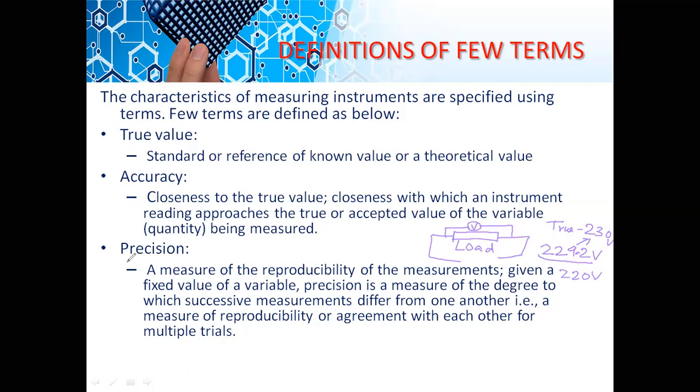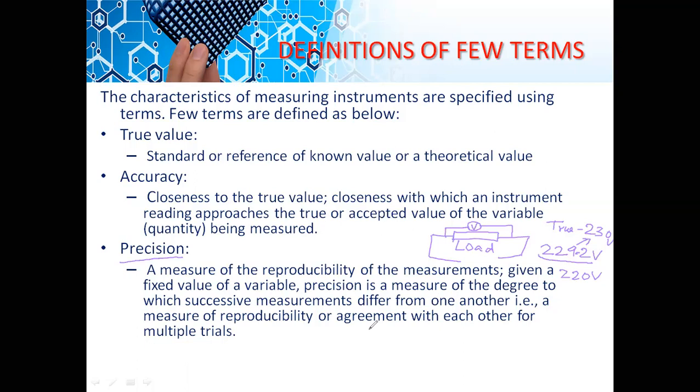So let us go for the next term, which is precision. A measure of reproducibility of the measurements is precision. Given a fixed value of a variable, precision is a measure of the degree to which successive measurements differ from one another.